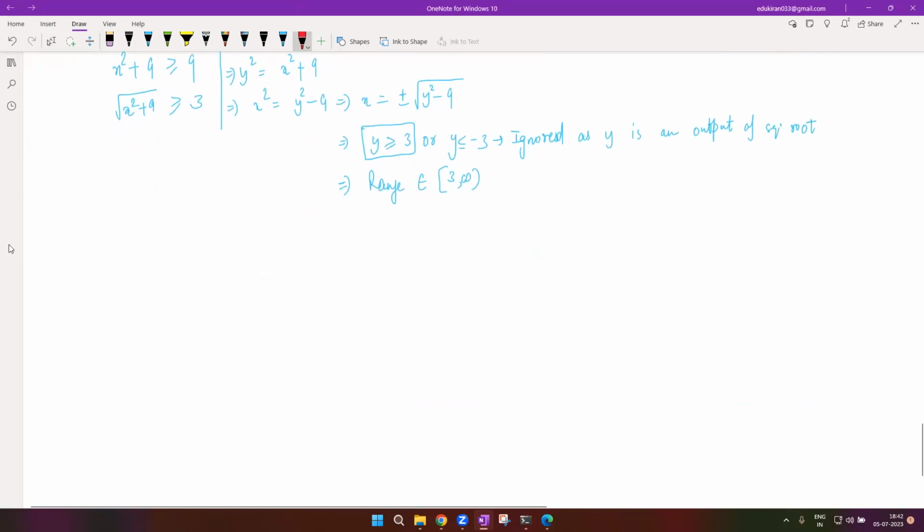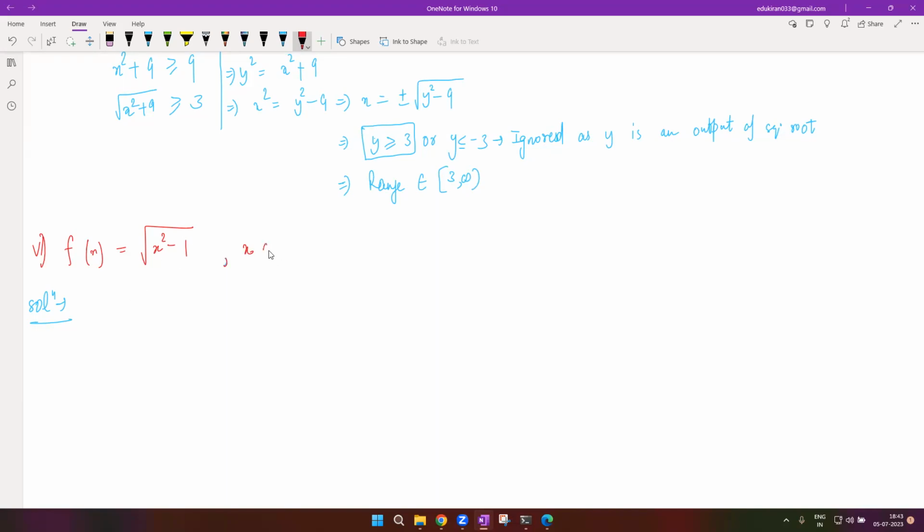Please start, everyone, barring Saad, obviously. So the question is, f(x) = root over x square minus 1. We have to find the range of this function. In this case, we should write the value of x as well, because we cannot give it all the real numbers.